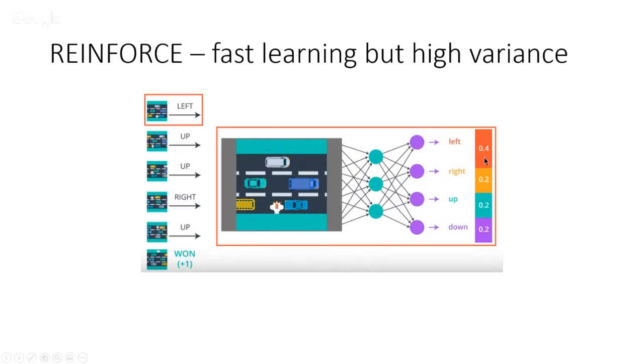So I should increase its probability even more and decrease the probability of others, because I don't want to risk taking any other action given this state. The agent will do the same for other outputs. It will increase the probability of the action that led to a good reward, and vice versa for a bad reward. And this is based on policy-based methods. So that's why policy-based method can be a good actor.